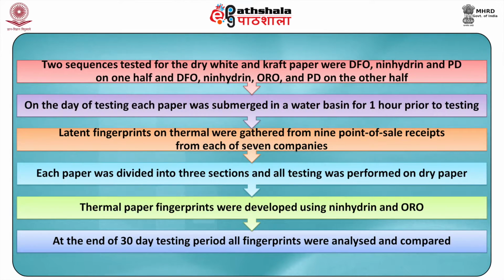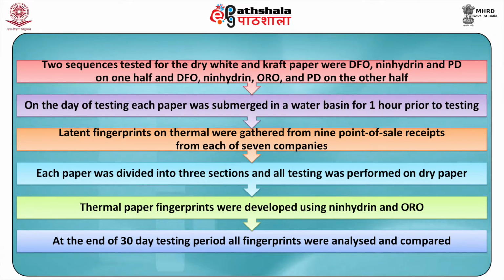The two sequences tested for the dry white and craft paper were DFO, ninhydrin, and physical developer on one half and DFO, ninhydrin, ORO, and physical developer on the other half.